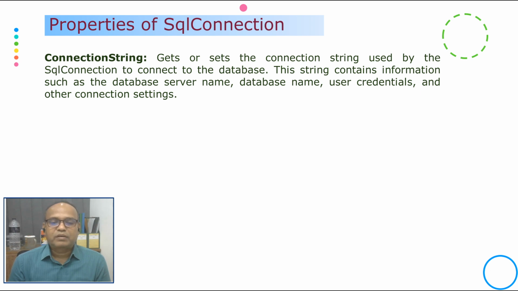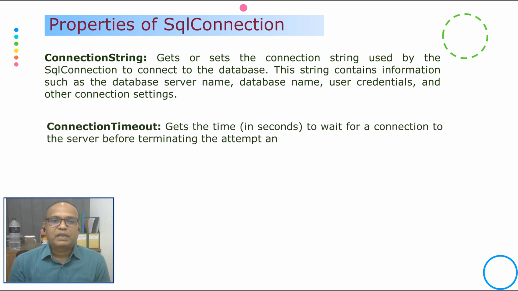This string contains information such as database server name, database name, user credentials, and other connection settings. ConnectionTimeout gets the time in seconds to wait for a connection to the server before terminating the attempt and generating an error.